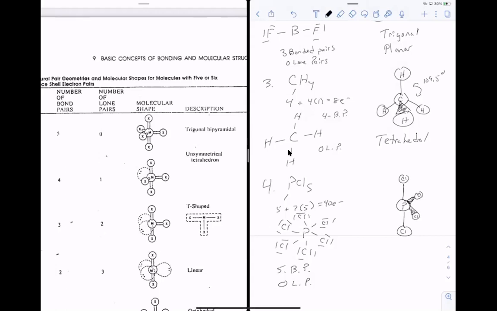Ah, right in the eye. Got me again. Gee whiz. And so there we have our trigonal bipyramidal.